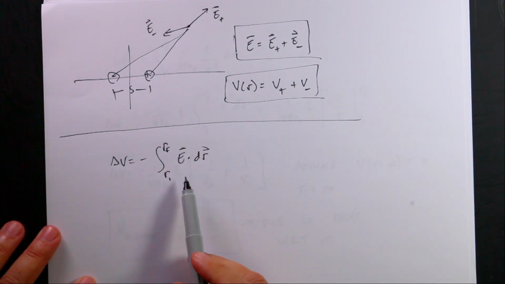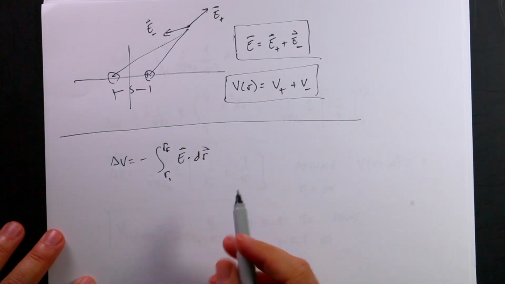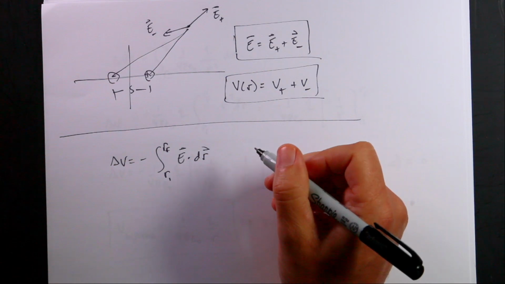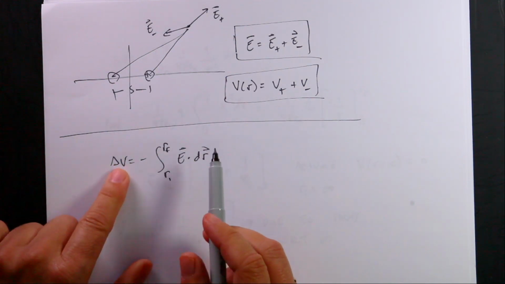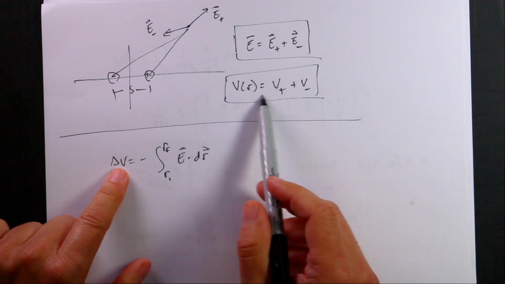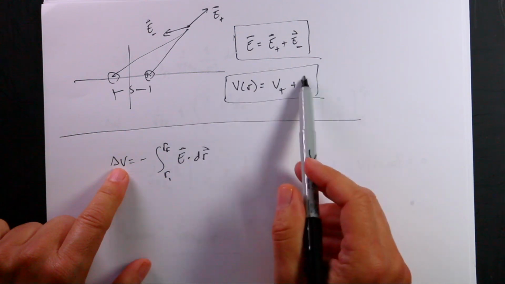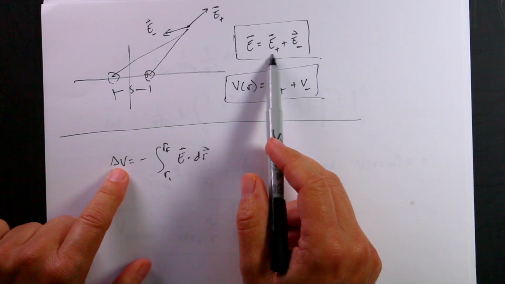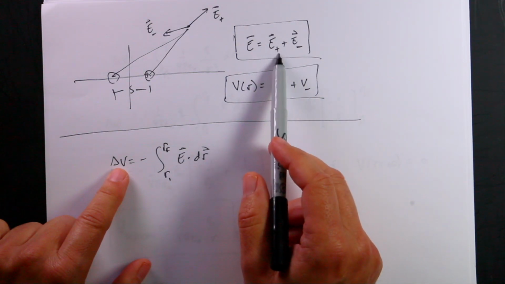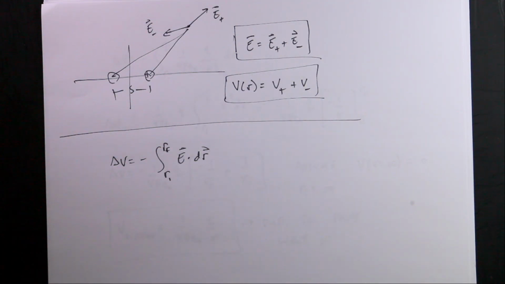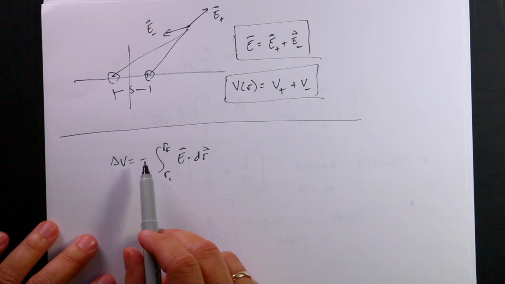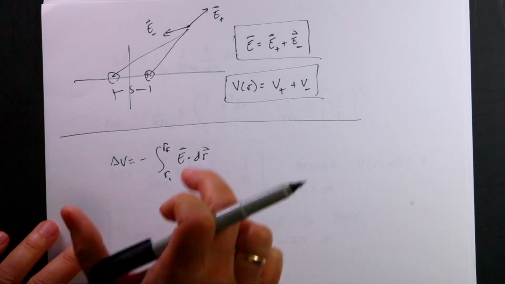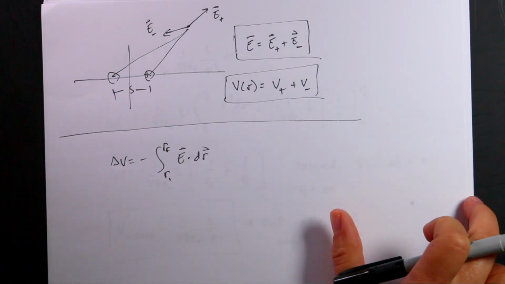And we did that for a point charge, but for any expression of electric field, even for a dipole, I could get the potential two ways. I could do it by finding the potential due to each point charge, or I could use the electric field due to a dipole and integrate. I'll probably show that at some point. It's fairly useful. Don't forget that negative sign. That negative sign is because this came from the work done by the electric field, and we moved it to the other side of the equation.